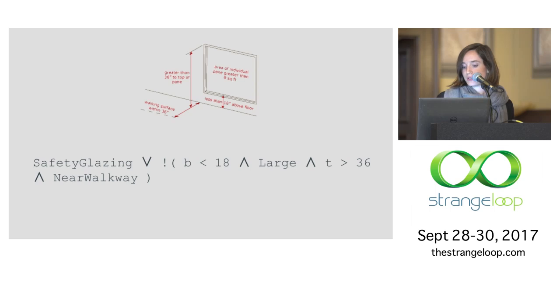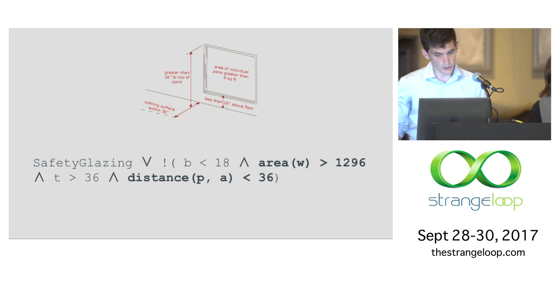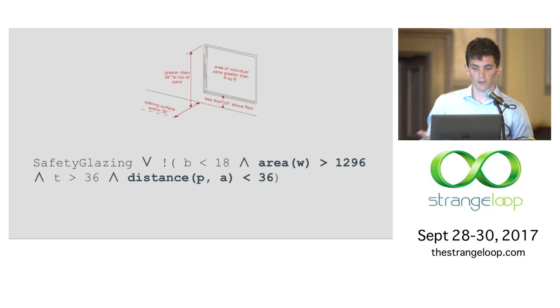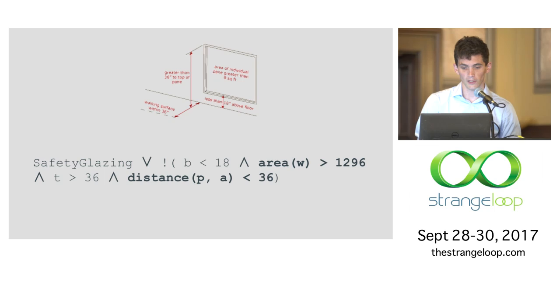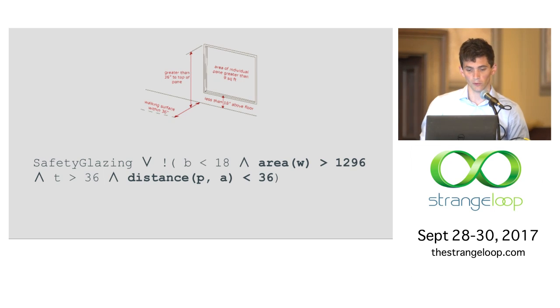We covered these inequalities of integers. We've still got a couple things left: large and near a walkway. We can replace large with reasoning about the area of the window, and we can replace being quote unquote near a walkway with a distance between whatever the walking surface is and the pane of glass. These are examples of geometric predicates.